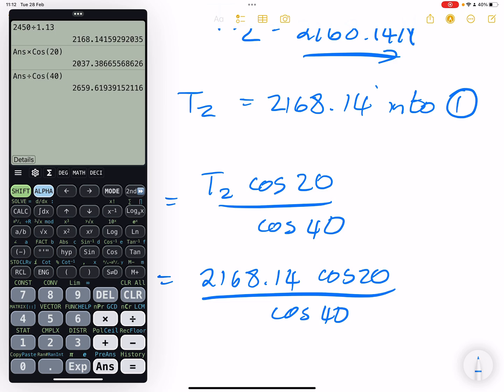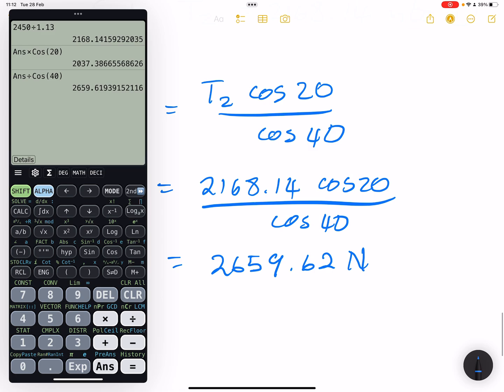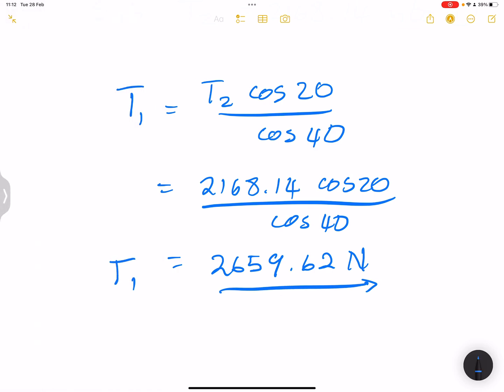There's that value again. 2659.62 newtons. It may not exactly be the value that you got in this case, but you'll see that it's pretty close. That's because I rounded off before time.